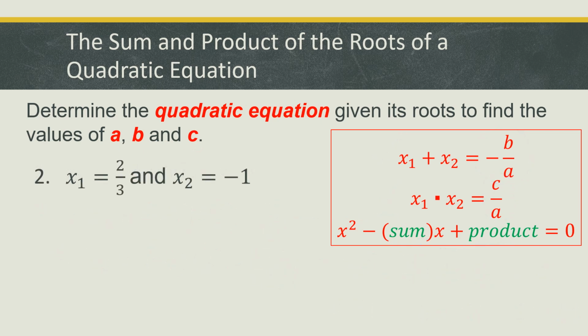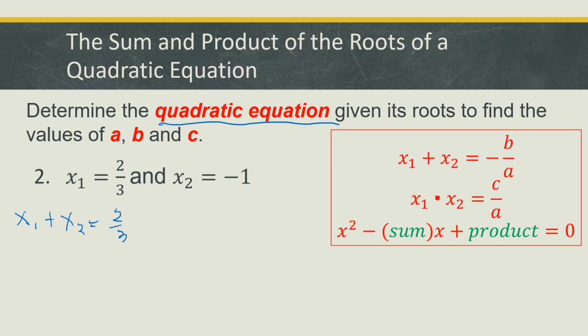Another example, we have here two roots and one of the roots is a fraction. So your first root is 2/3 and your second root is negative 1. So for us to have the quadratic equation, let us get the sum of the roots, x sub 1 plus x sub 2.